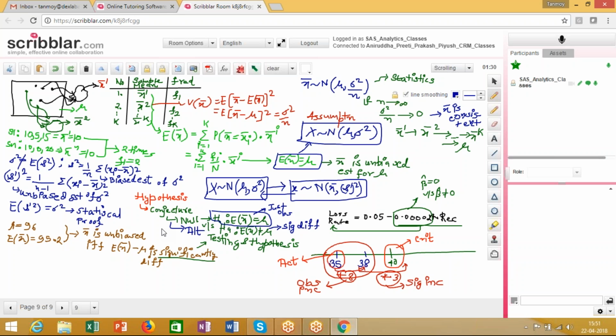So I need to first of all generate this actual value. So for doing this, what I would have over here is the test statistic. So the first and the most important ingredient for conducting a statistical test will be a test statistic.